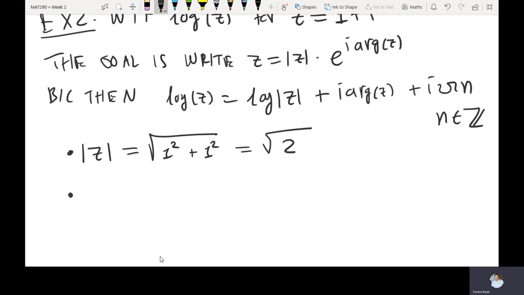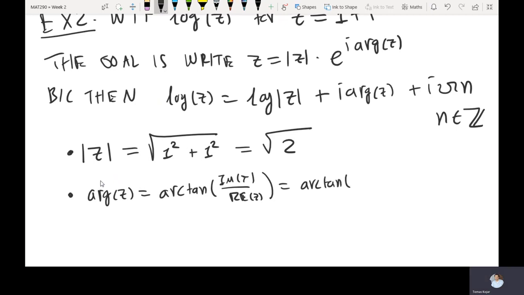And now we want to find the argument. So argument of z is equal to arctan of imaginary over real.